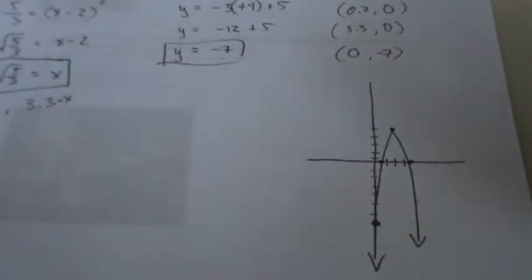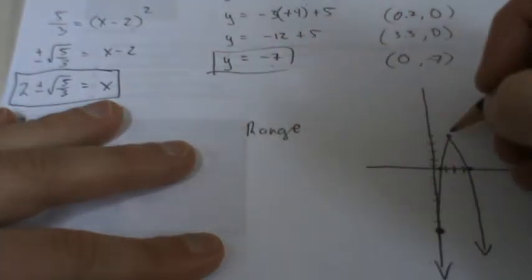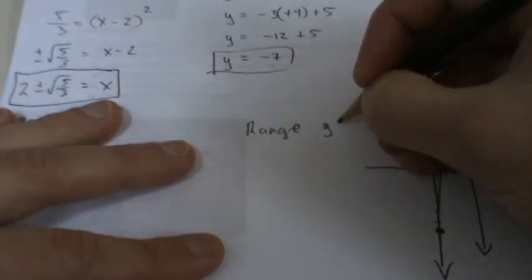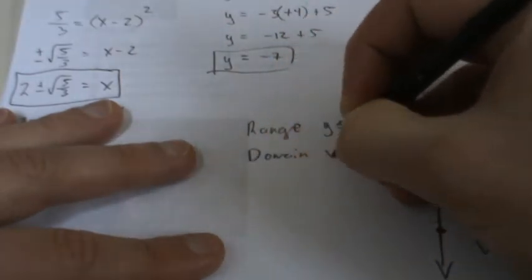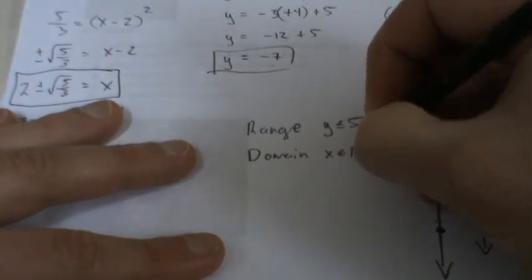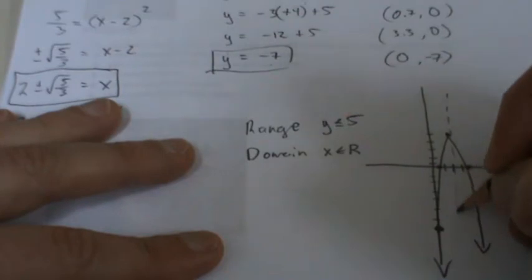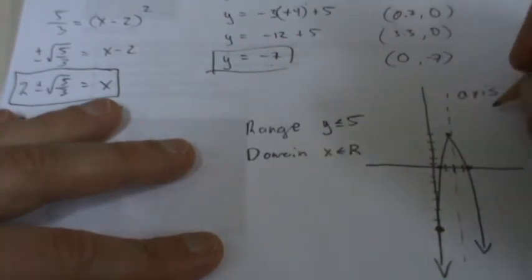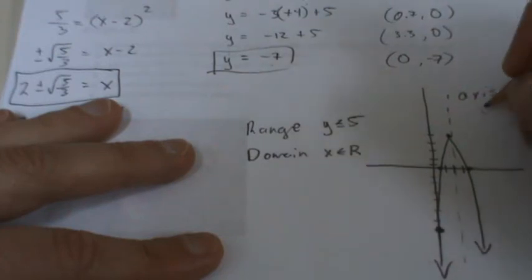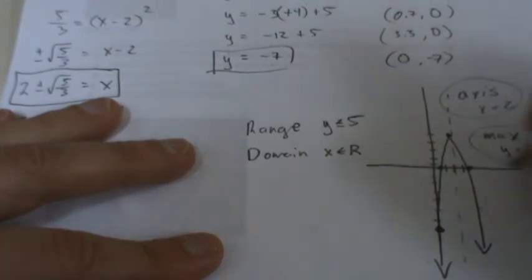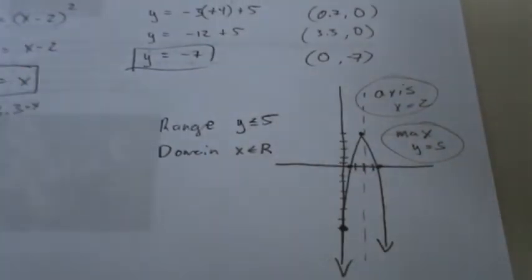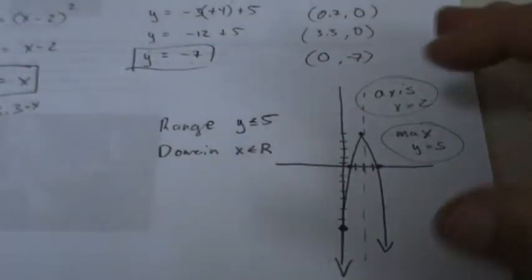Alright? It looks like my range is y is less than or equal to 5. My domain, x is a real number. My axis is x equals 2, and my maximum is y equals 5. Okay.